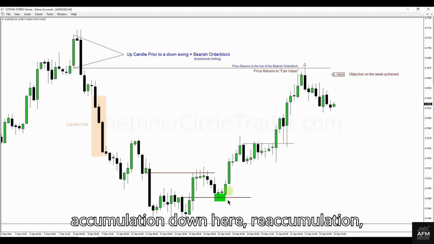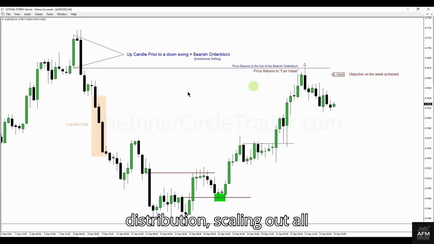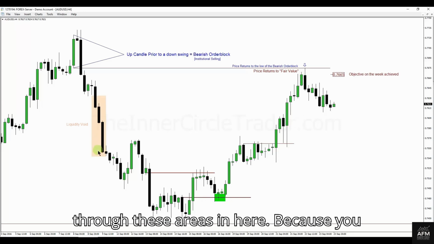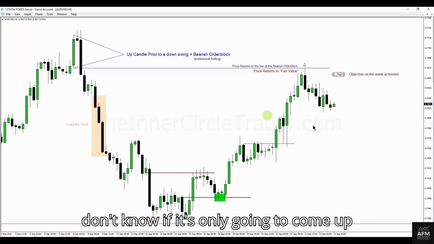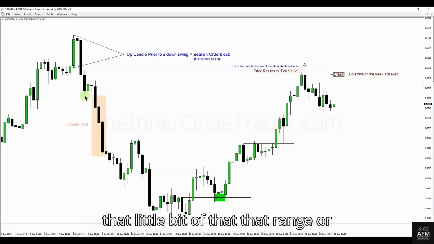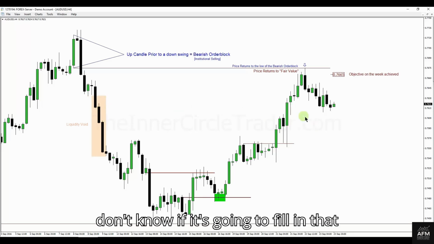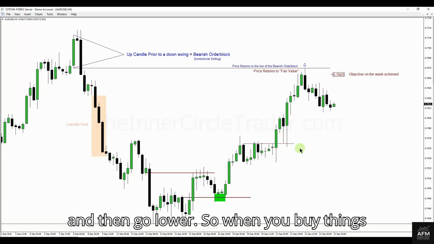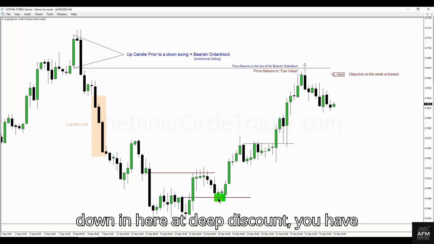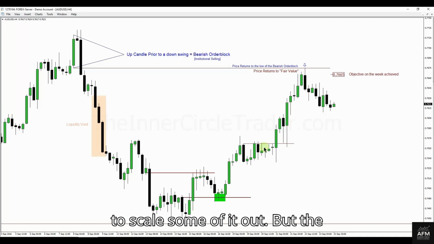You want to be thinking accumulation down here, reaccumulation, distribution, scaling out all through these areas, because you don't know if it's only going to come up into that little bit of range over here in the shaded liquidity void. You don't know if it's going to fill in that and then go lower. So when you buy things down in here at a deep discount, you have to scale some of it out.